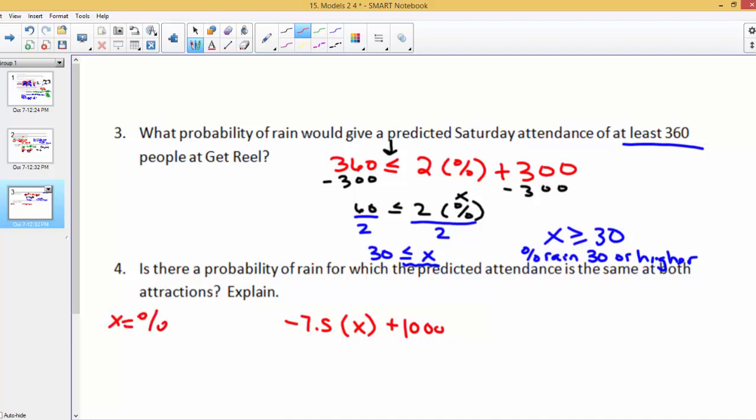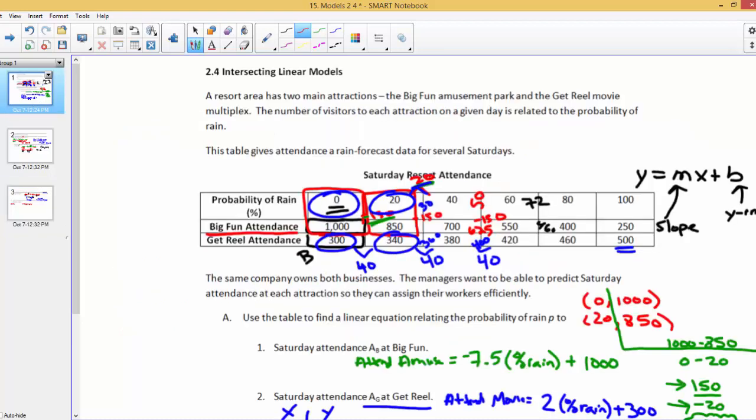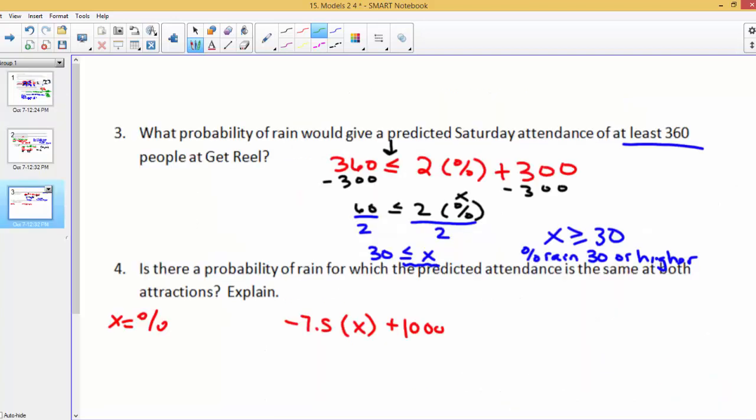I'm going to write an x because I just want it to be easier for you to solve. And then 2x plus 300. So they would have to be equal to each other.